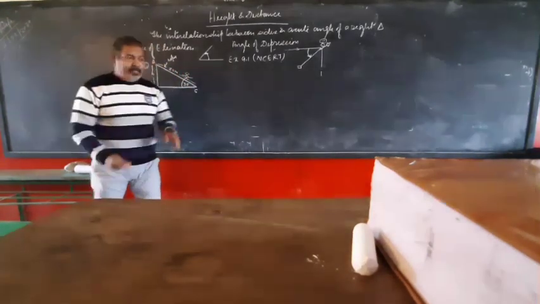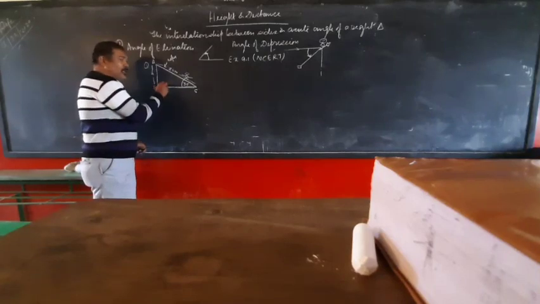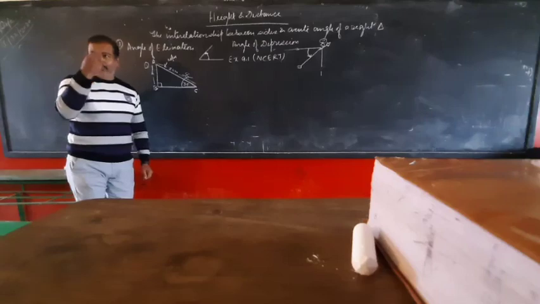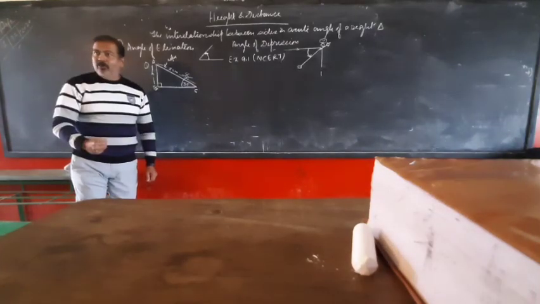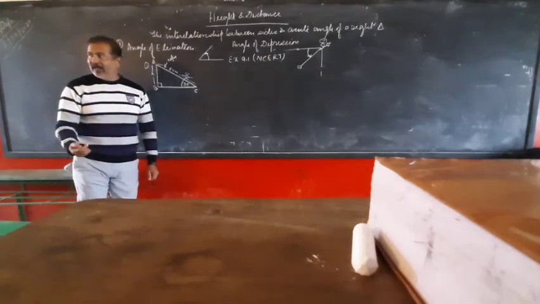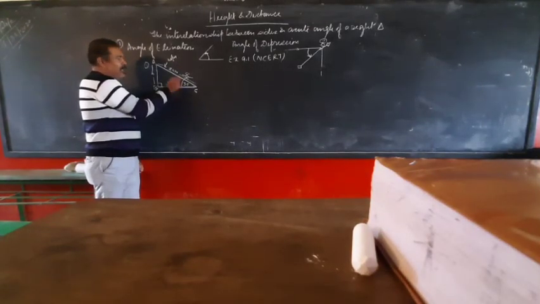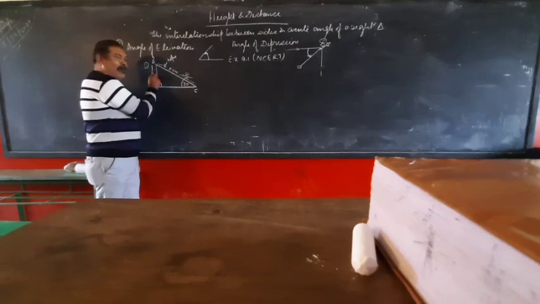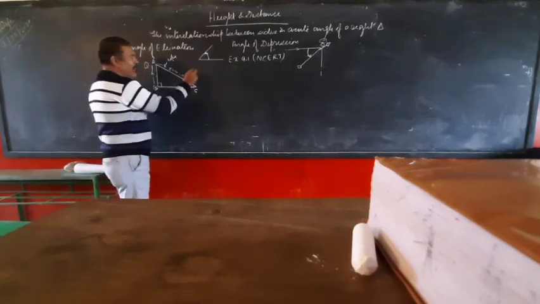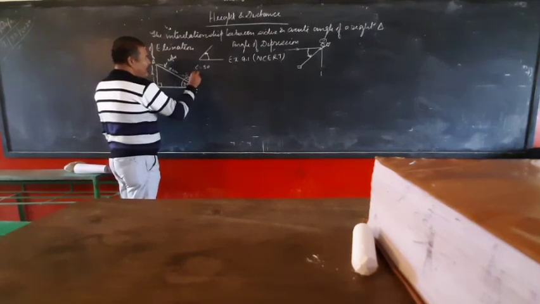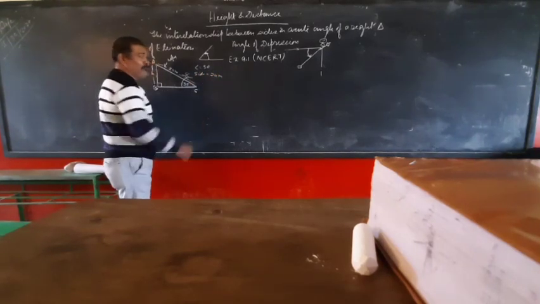Here this is a right triangle because any pole is fixed on the ground at 90 degrees. You are given the acute angle, 30 degrees, and one side, 20 meters, and you have to find the other side.